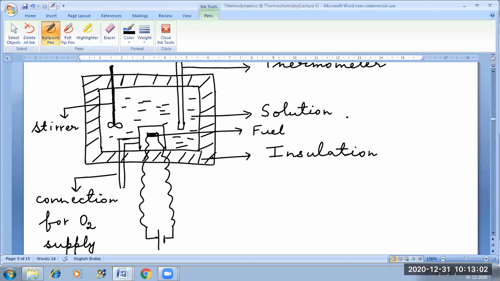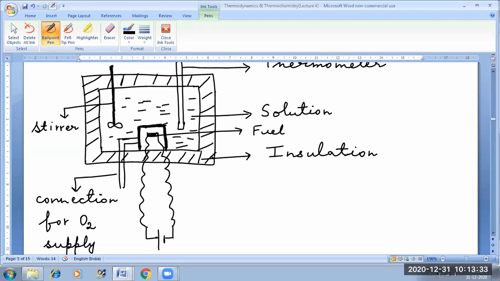Okay, now this is called a bomb. This small rectangle which I've placed here is called a bomb. It's usually made of steel. Inside the bomb, I have placed my fuel. What fuel?